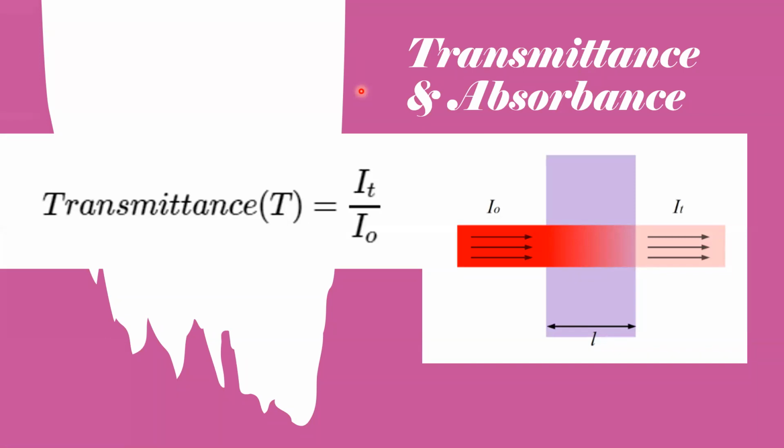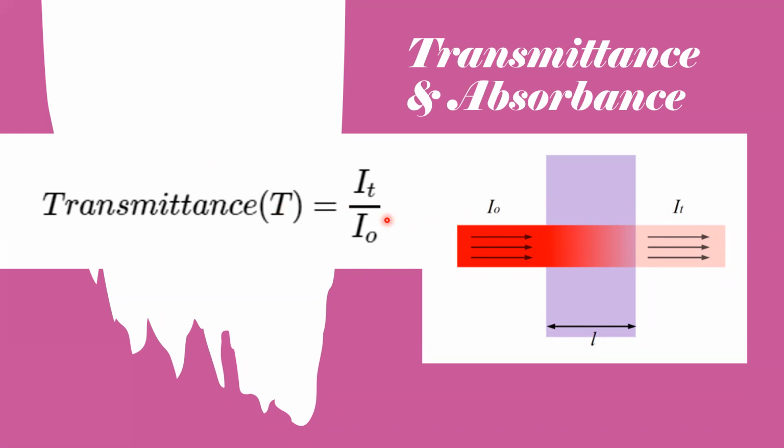We also said that this can be calculated using the equation on the slide, where I subscript T is the light intensity after the beam of light passes through the cuvette, and I subscript 0 is the light intensity before the beam of light passes through the cuvette, as you can see here. This is before it passes, and this is after it passes.